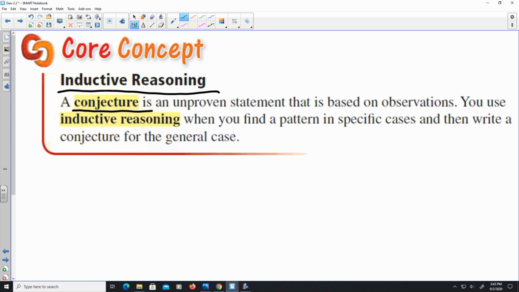It's not a guess, but it's sort of a guess with a little bit of background information. A lot of times it's being able to discover what patterns are and create conclusions in those general cases.